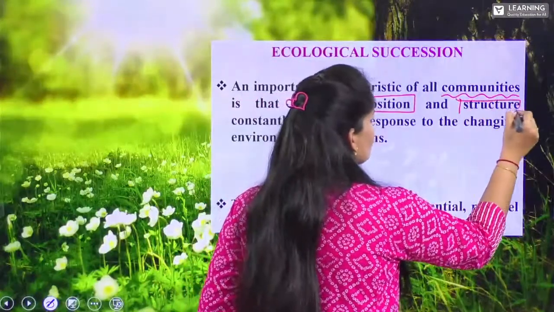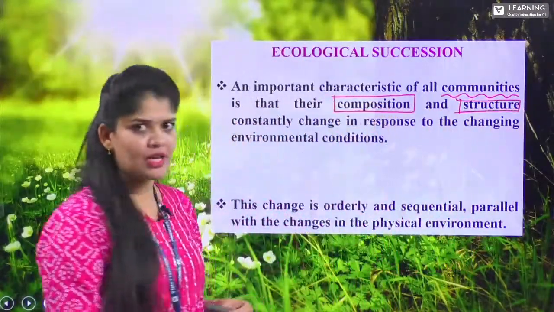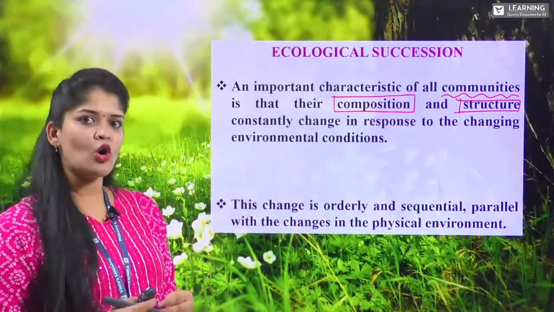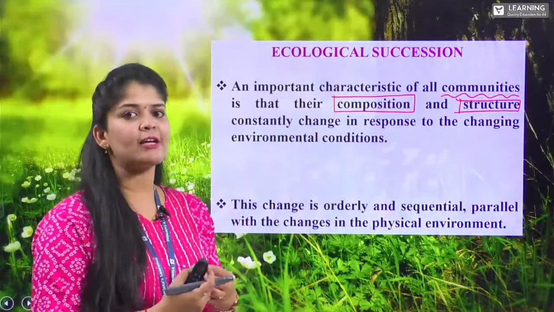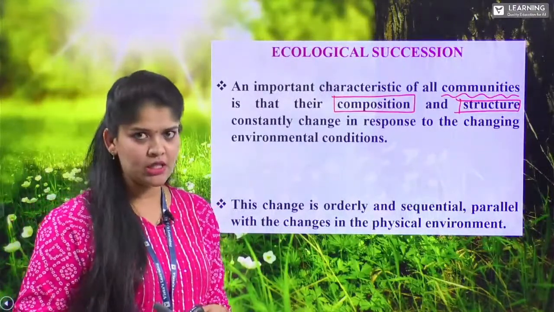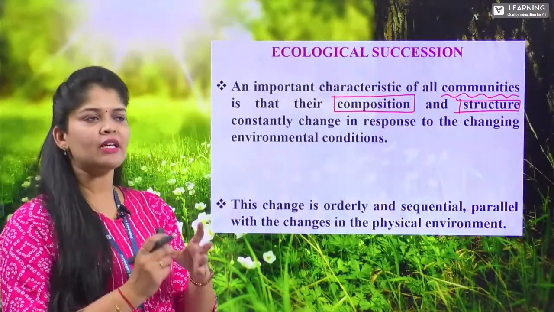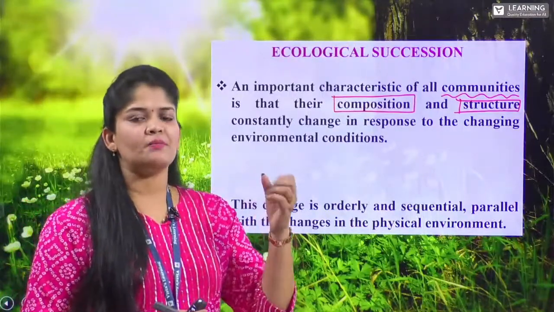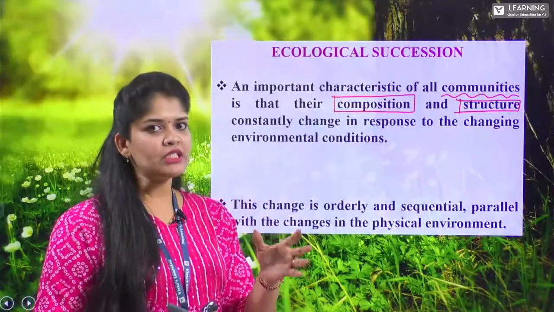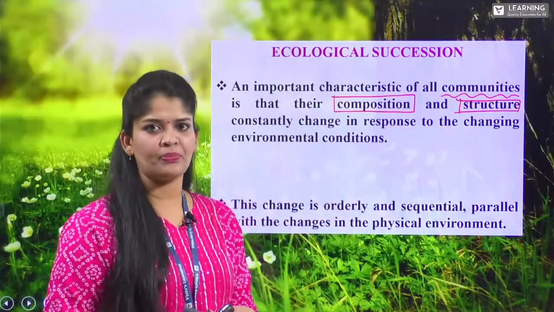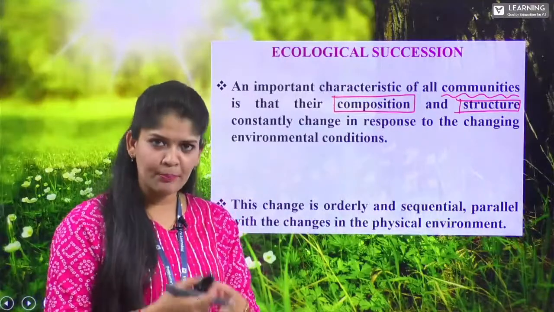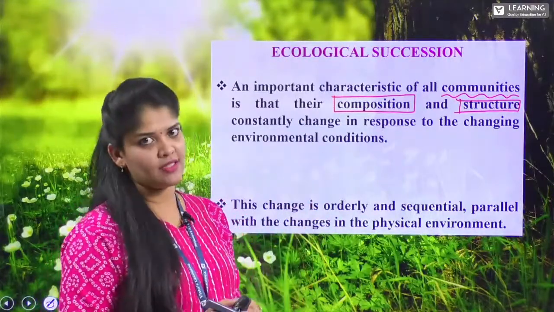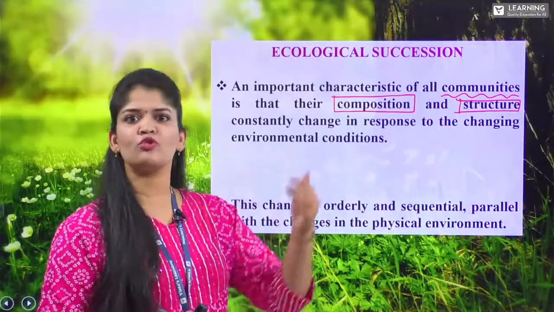The point is that composition as well as structure of the ecosystem never remains constant because they are regulated by, and under the control of, the environment, and we know that the environment never remains constant. Light, temperature, and water availability are all abiotic factors which keep changing from time to time.